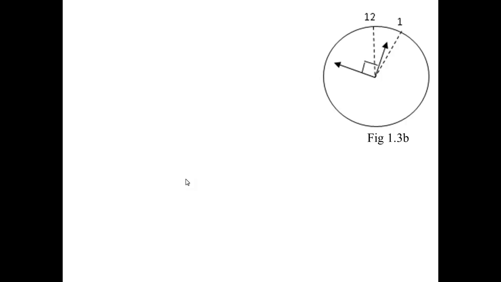Let's take a look at the situation when the minute hand and the hour hand are next at 90 degrees. The angle covered by the hour hand, this time round I call theta 2. We can form an equation for theta 2, which is omega h times the time t2.